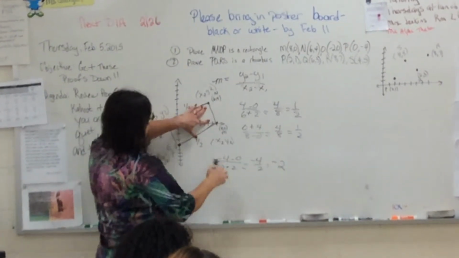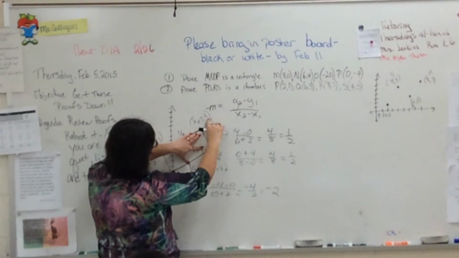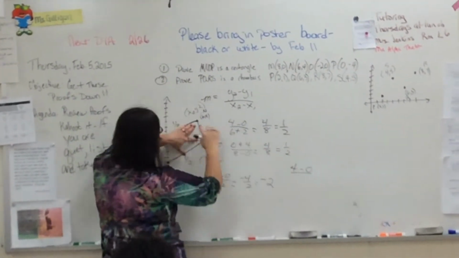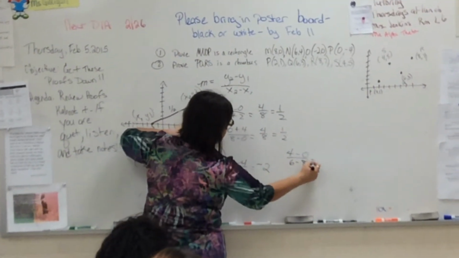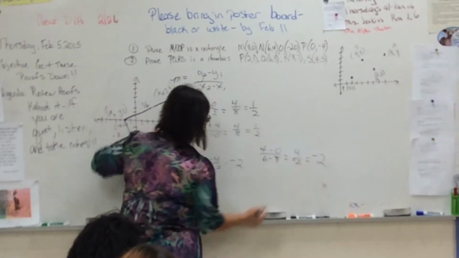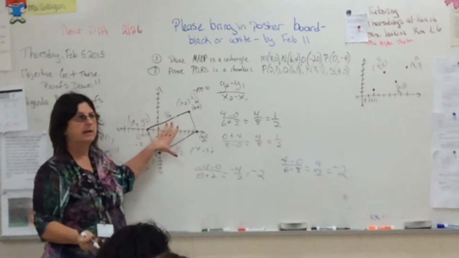And on here, I'll just make this my x1, y1. Y2 is 4 minus 0 over 6 minus 8. 4 over negative 2, which is negative 2. So these 2 sides are parallel. So I've proven that it's a parallelogram.